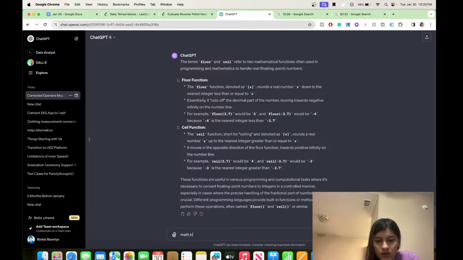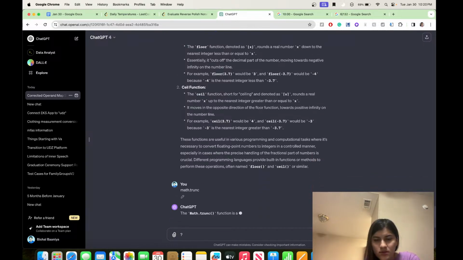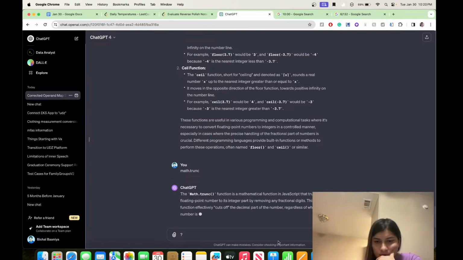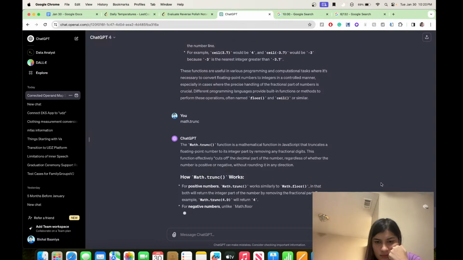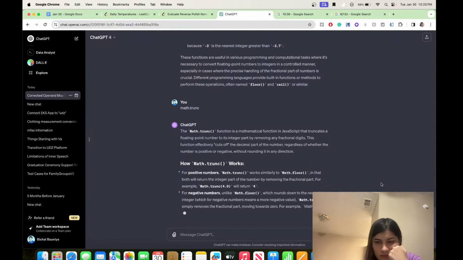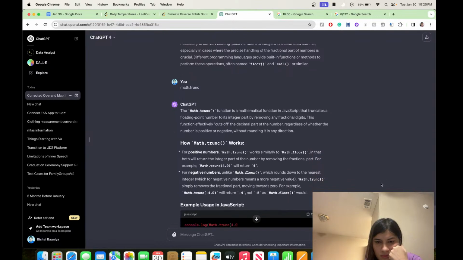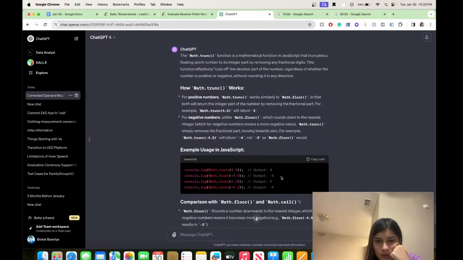So there is math.trunc as well. So if it is minus 4.9, it will be minus 4. It drops the decimal part of the number. If it is 4.9, then 4.